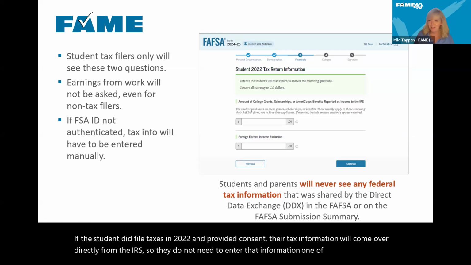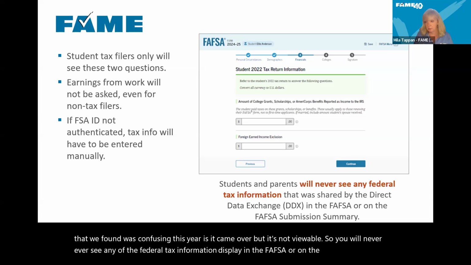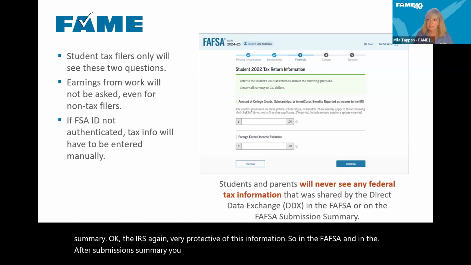One of the things, though, that we found was confusing this year is it came over, but it's not viewable. So you will never, ever see any of the federal tax information display in the FAFSA or on the FAFSA submission summary. The IRS is, again, very protective of this information.